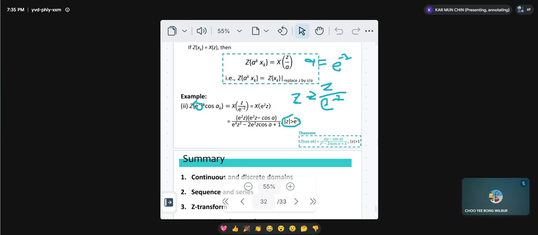And finally your z will be more than these terms, because you replace your z with this, so it will be |z| more than exponential negative 2.